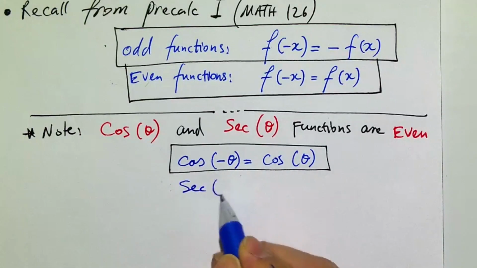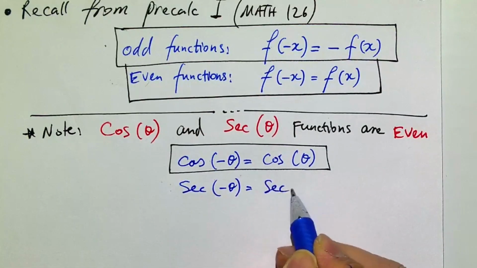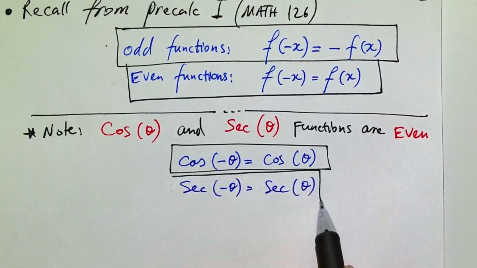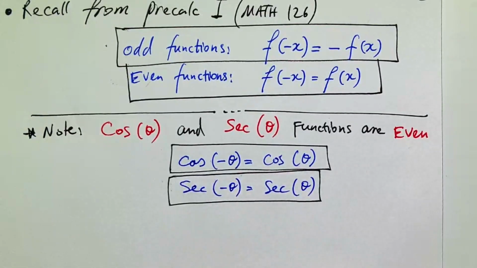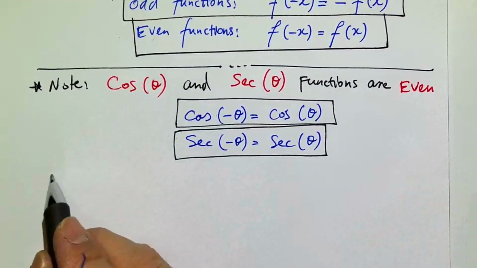So secant of negative theta is equal to secant of theta. Like that. These are the only two even trigonometric functions. The other ones are odd. So let's write them. Let's make sure that you have this in your notes.